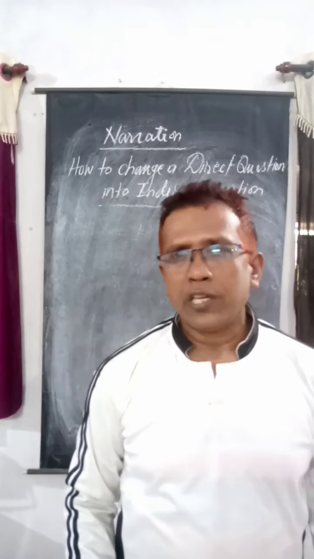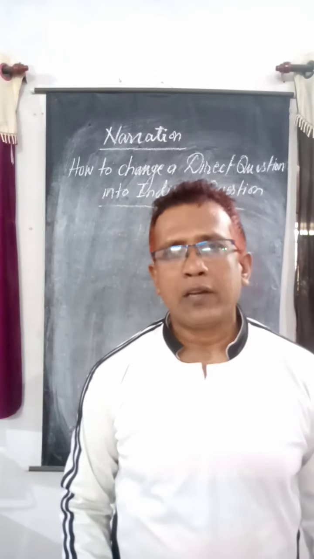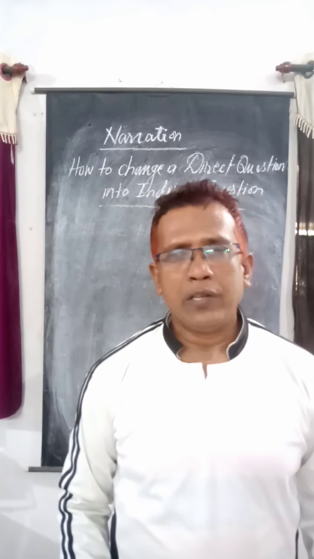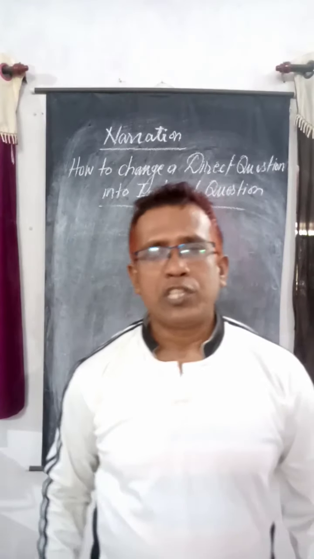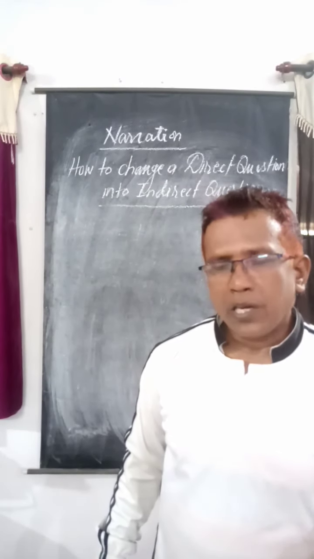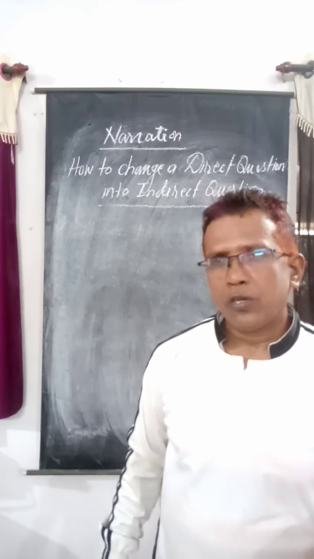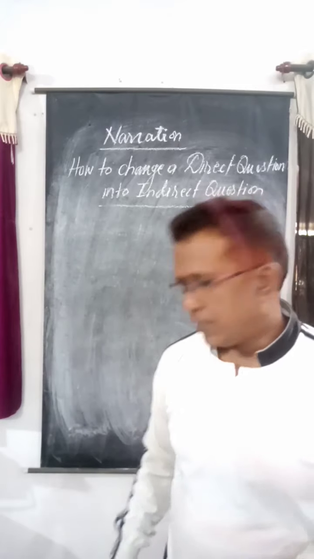In WH questions, we don't change the WH words like what, where, when, how, whose, whom. These words are not changed. But in yes no questions, apart from WH words, words are changed.